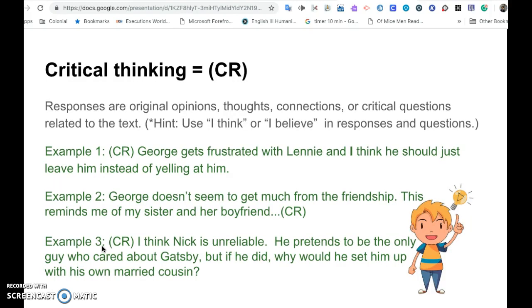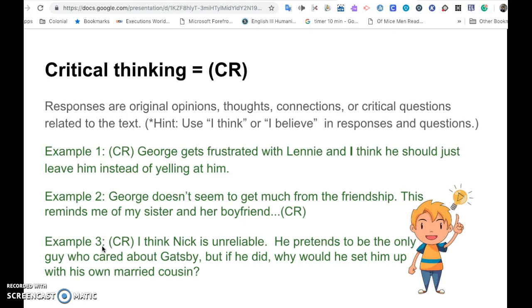The other way to monitor your understanding as you're reading is something called critical thinking. And this is going to be the most familiar to you because in your literature circle notes, we asked you to write questions, select passages, and connect to the text in those passages as you were writing about them. Critical thinking responses include your opinions, your thoughts, connections to the outside world or to other texts, or questions that you want to ask.